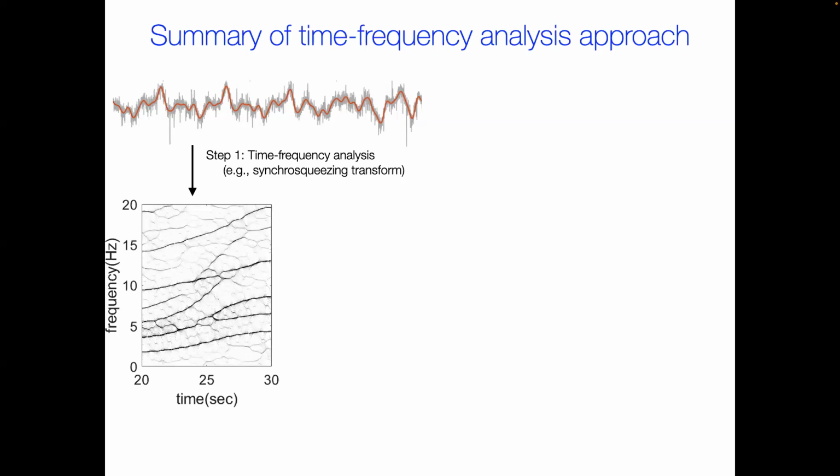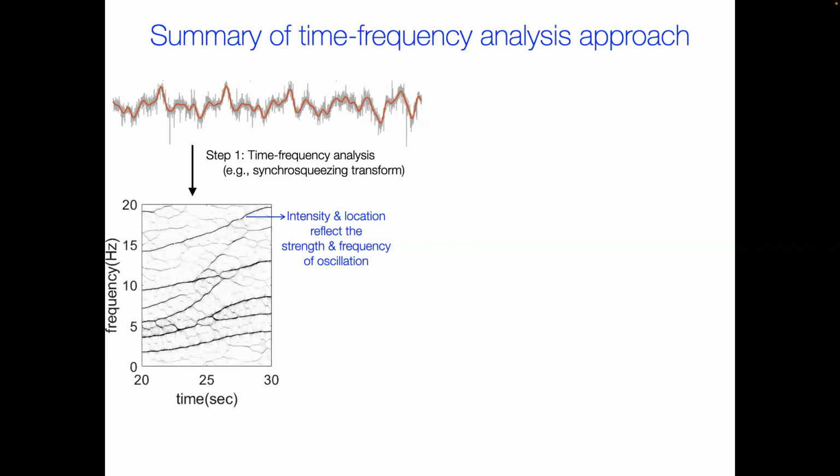There are many variations, but no matter what, it will give you a picture like this called a time frequency representation. This is the time, this is frequency. At each time, if you look along the y-axis, there is some intensity, which indicates how strong the oscillation is and how fast it oscillates.